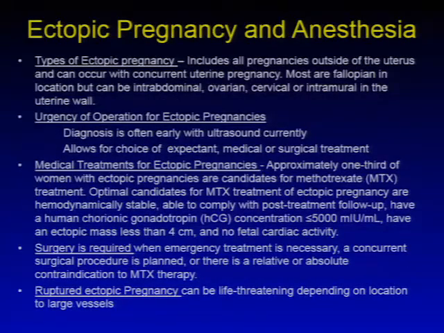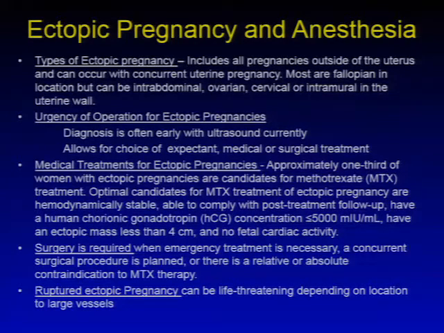Going on to the issue of ectopic pregnancy and anesthesia. There are many types of ectopic pregnancy, and ectopic pregnancy includes any pregnancy outside of the uterus. And it can occur with concurrent uterine pregnancies.